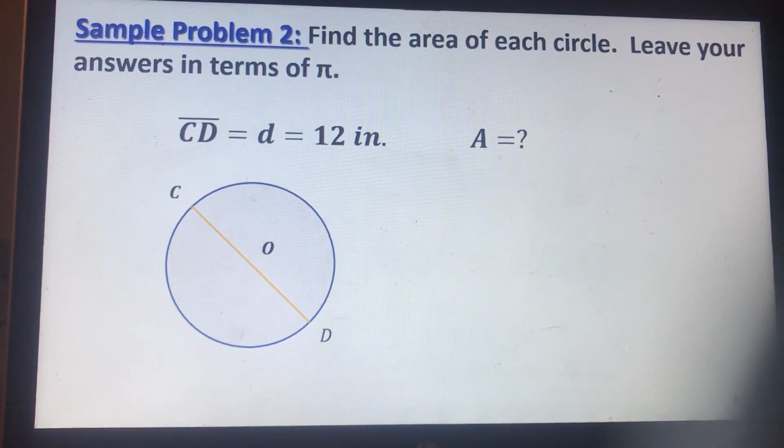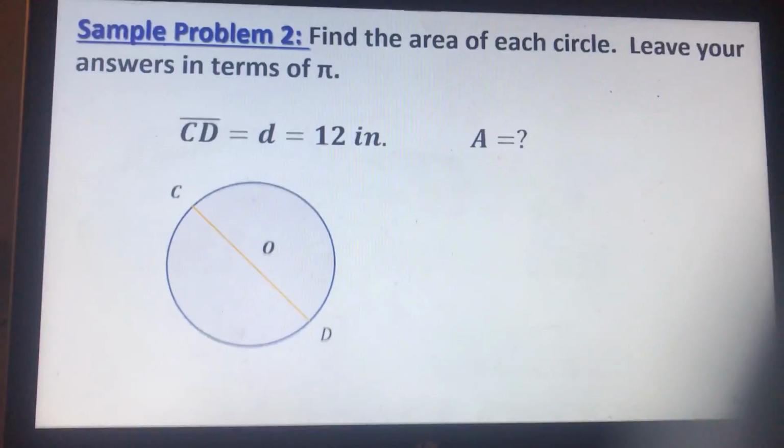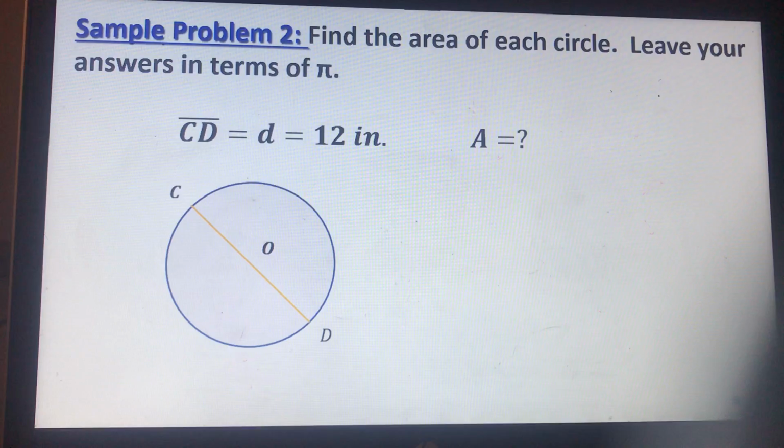Now moving on to sample problem number 2, we also have to find the area of the given circle. In this case, the given circle is circle O. We also have to leave our answer expressed in terms of pi.